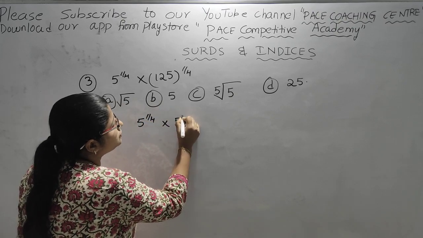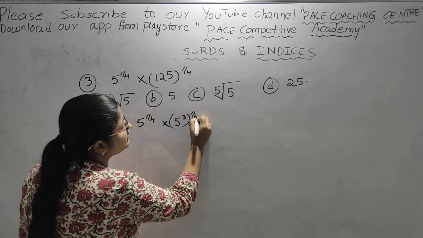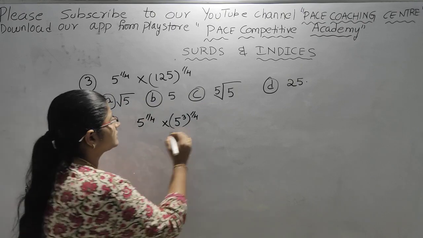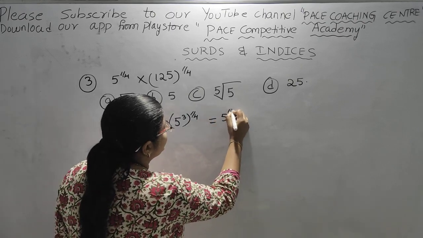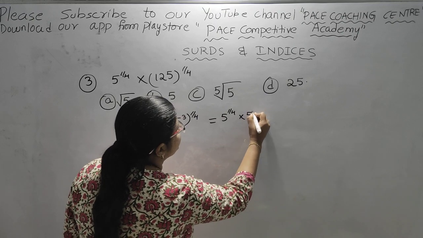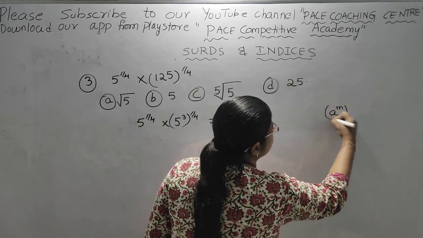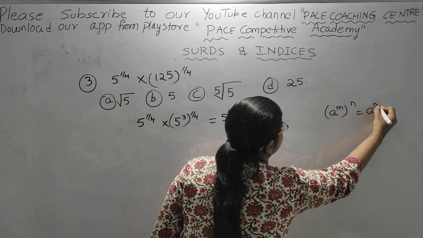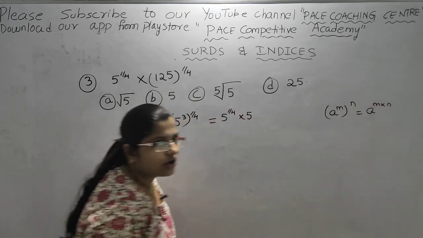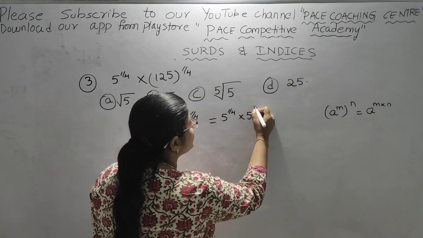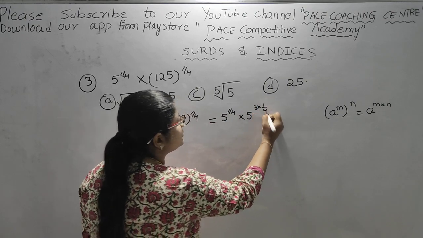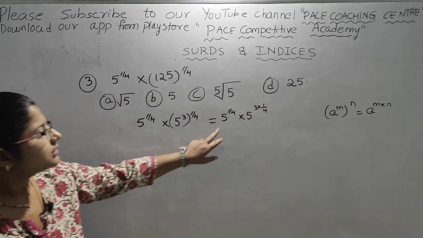Into 5 cube whole power 1 by 4. Okay. Which is nothing but 5 power 1 by 4 into 5 power a power m whole power n, which is nothing but a power m into n from the law of indices. So here can we write it as 3 into 1 by 4, which is nothing but 3 by 4.